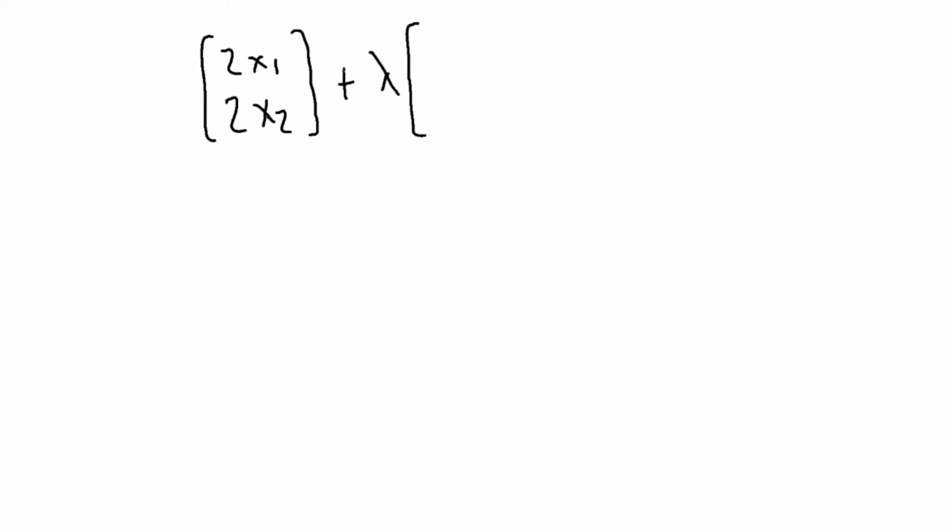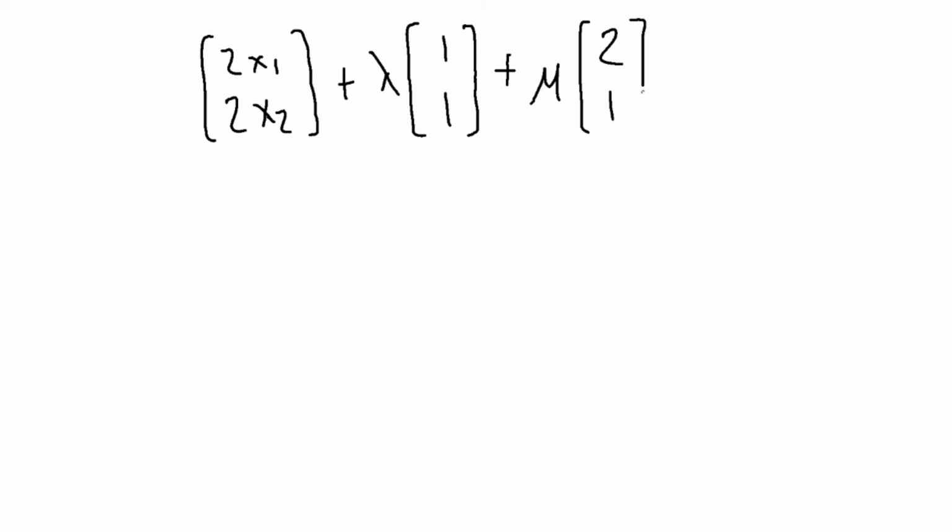Let's write the KKT conditions by substituting our gradient vectors in. So the gradient of f is 2x1, 2x2 plus lambda times the gradient of h, which is 1, 1, plus mu times the gradient of g.